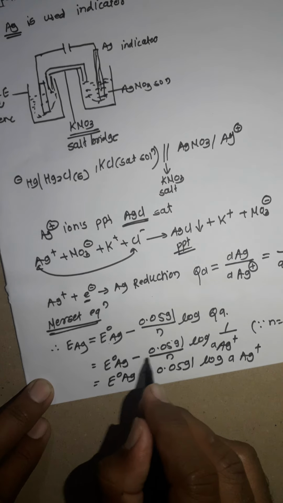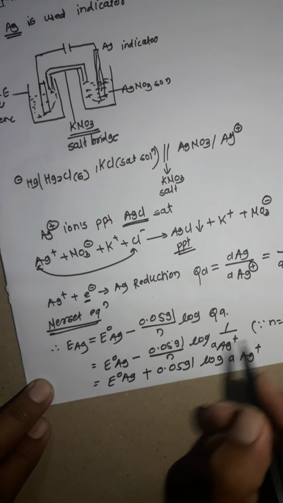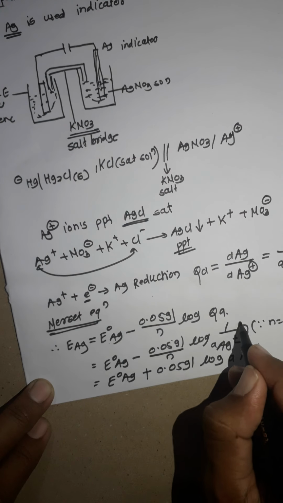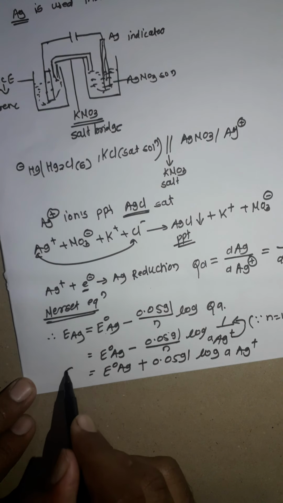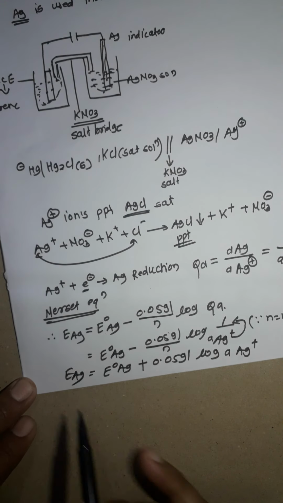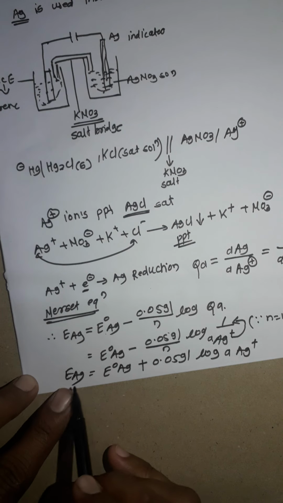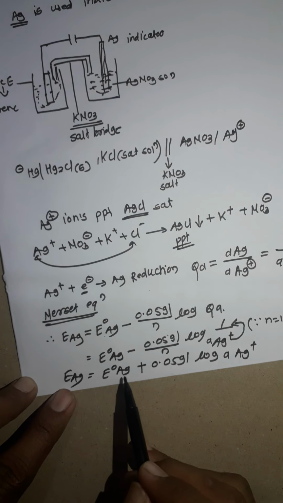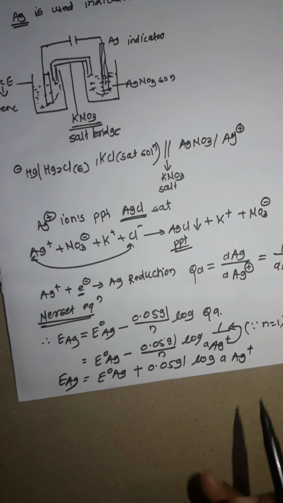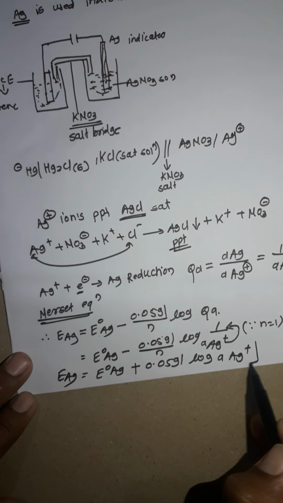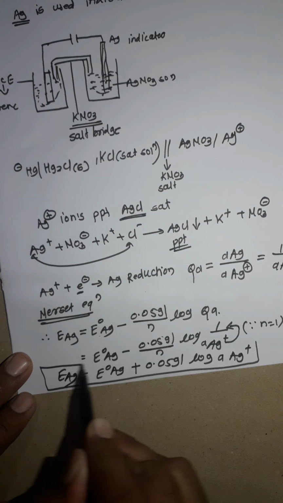The minus sign is converted into positive, so the Ag plus ions go to the numerator. The cell potential of the silver electrode is the standard cell potential of the silver electrode plus 0.0591 log of the activity of silver ions.